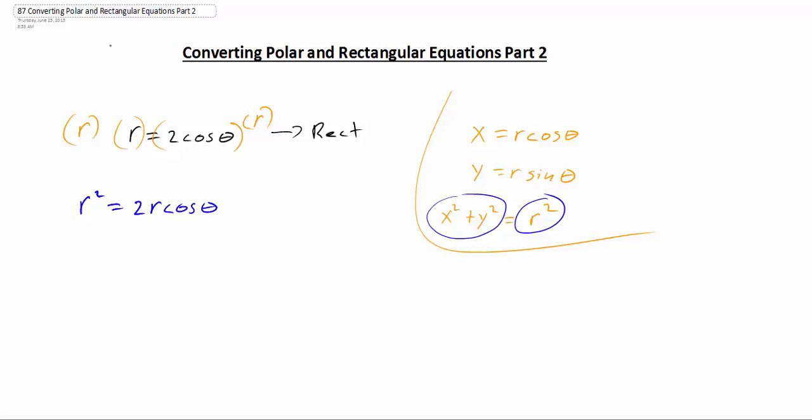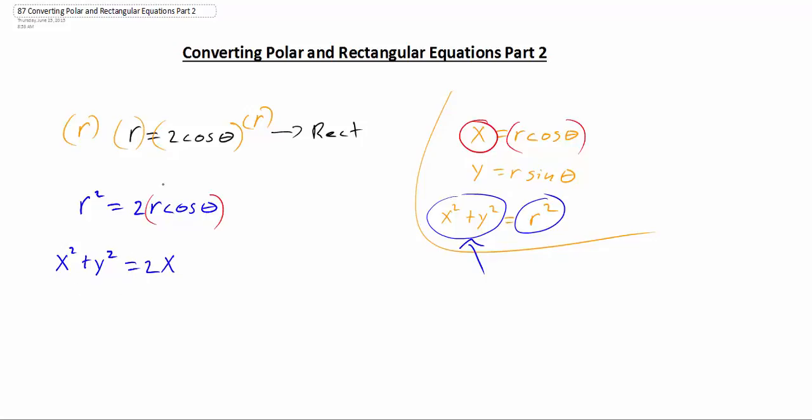The nice thing here is we have the r squared, which is going to go to x squared plus y squared. But then notice we have r cosine theta. Well, that's exactly what we have over here, and that is simply equal to x. So we can substitute x for all of this, and we're left with 2x on the right side of the equation.